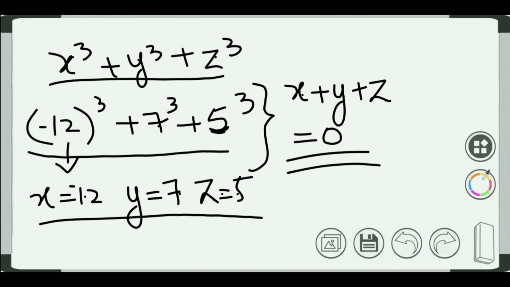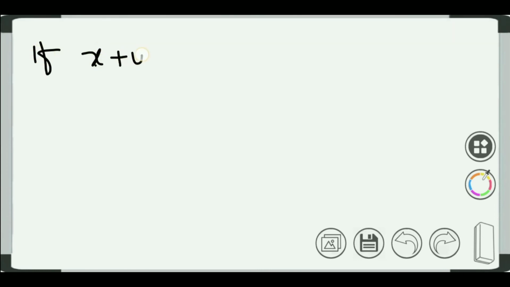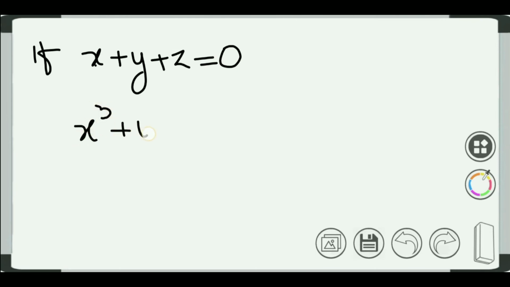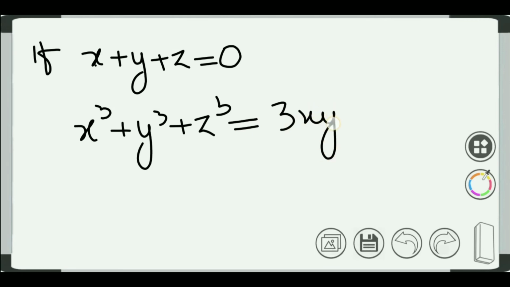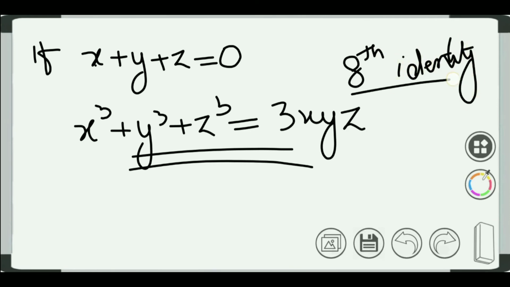If you are getting x plus y plus z equal to 0, in such a case you can use this formula. Note this down: if x plus y plus z is equal to 0, you can write x cube plus y cube plus z cube equal to 3xyz. This is actually your 8th identity, and we also proved this in your last exercise. 13th question, if x plus y plus z is equal to 0, show that x cube plus y cube plus z cube is equal to 3xyz.